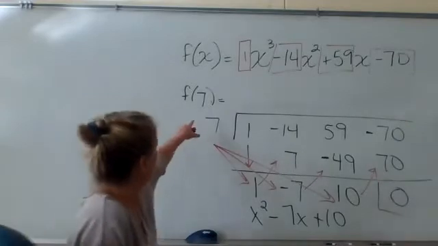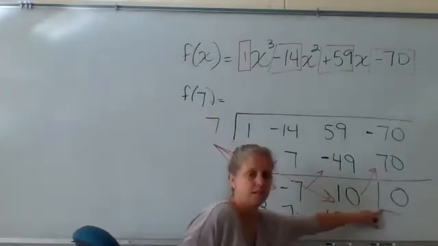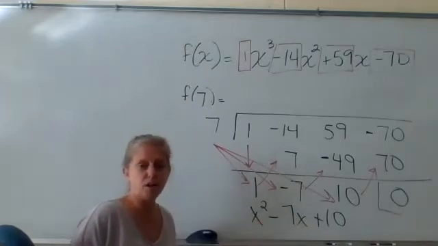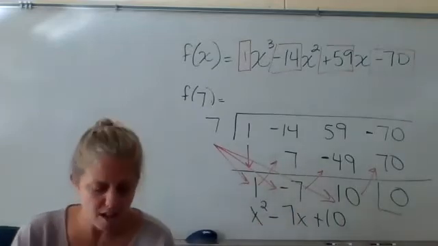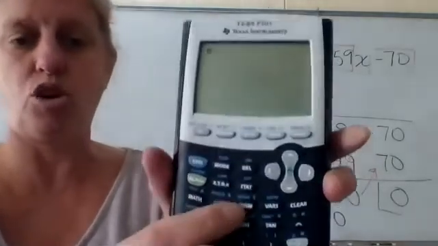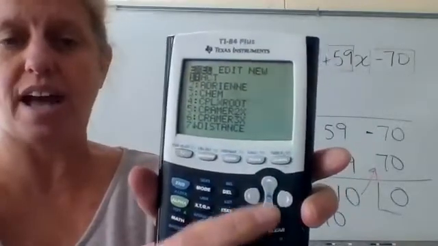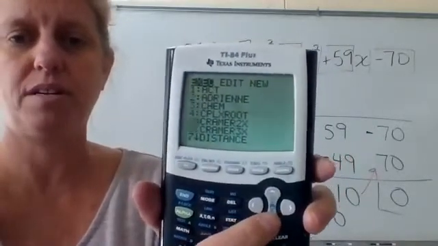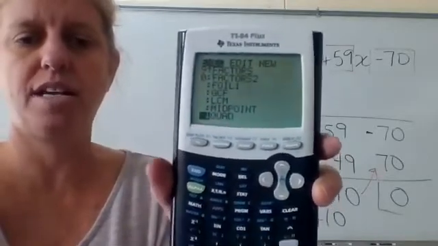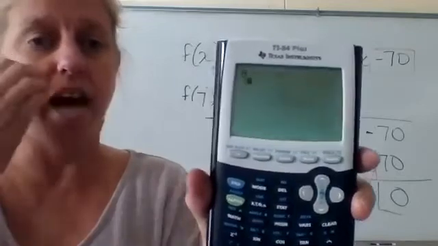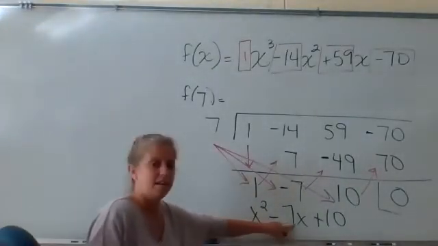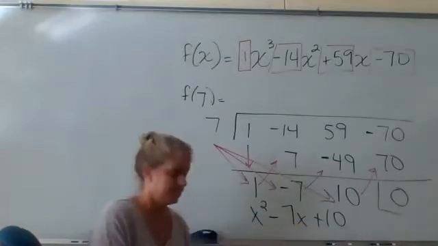Because if you find 1 zero and you're left with an x squared polynomial that you're trying to find the zeros of, what can you do? Since it's x squared, you can go to your quad program, right? That's how you solve x squared. So go to program, down to quad, enter the A, B, and C of what you have left over, which would be 1, negative 7, and 10.